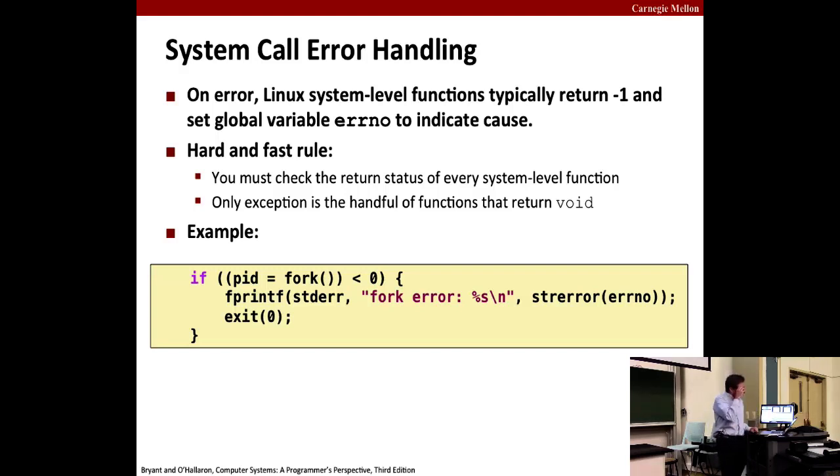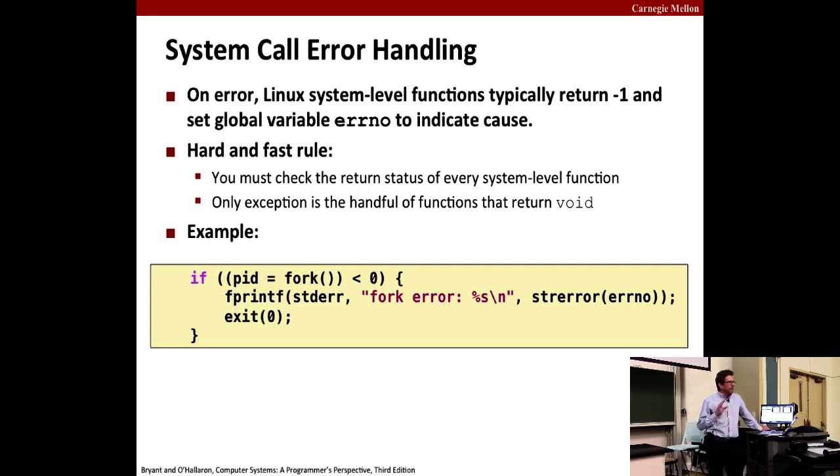Now, Linux system level functions will typically return a -1 if there's an error, and then they'll set a global variable called errno to indicate the reason. So there's a hard and fast rule when you're invoking system level functions: you must check the return values from those functions.